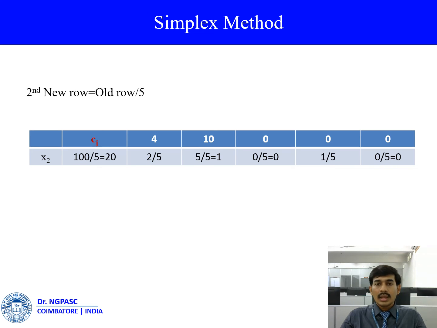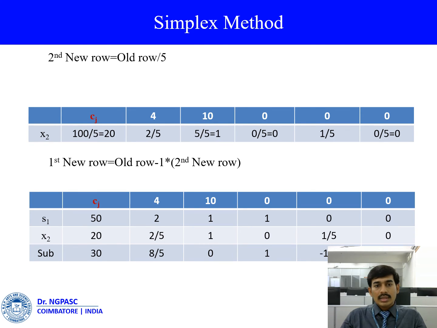Then the first new row is equal to the old row minus 1 times the second new row. The first old row is 50, 2, 1, 1, 0, 0. The x2 row is 20, 2 by 5, 1, 0, 1 by 5, 0.